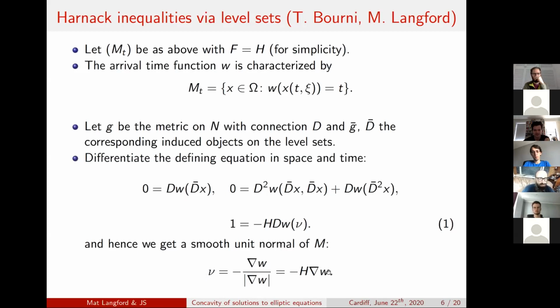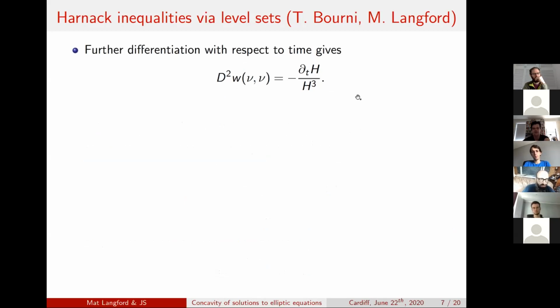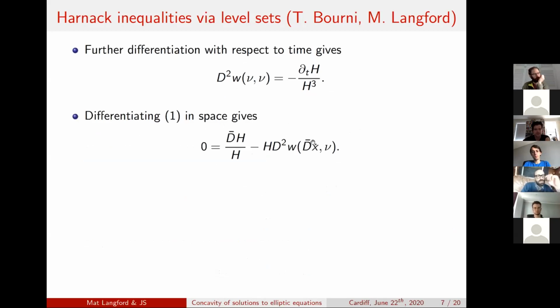If you differentiate the lower equation with respect to time, you can see how all these ingredients pop up, right? You get a second derivative of W, you get a derivative of t, of H, and everything. So everything appears, so it makes sense. You would have to sit down to calculate that. We differentiate that also in space to get the mixed contributions on the Hessian of W, acting on tangent vectors and the normal. So you have a relation for that too.